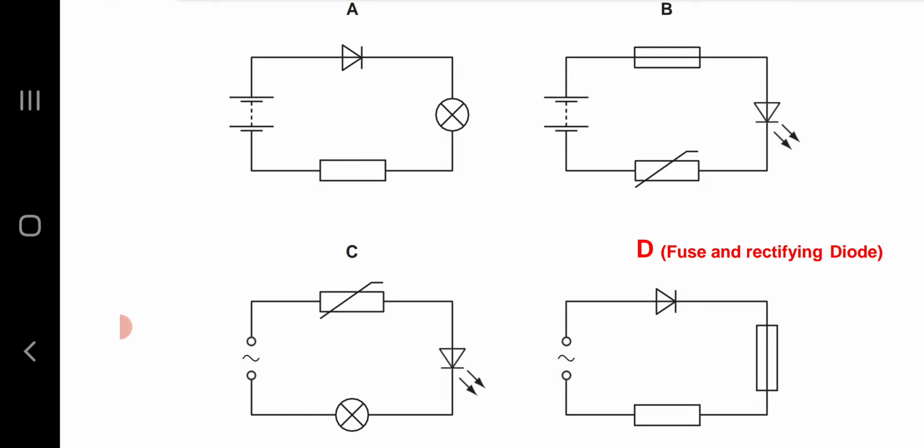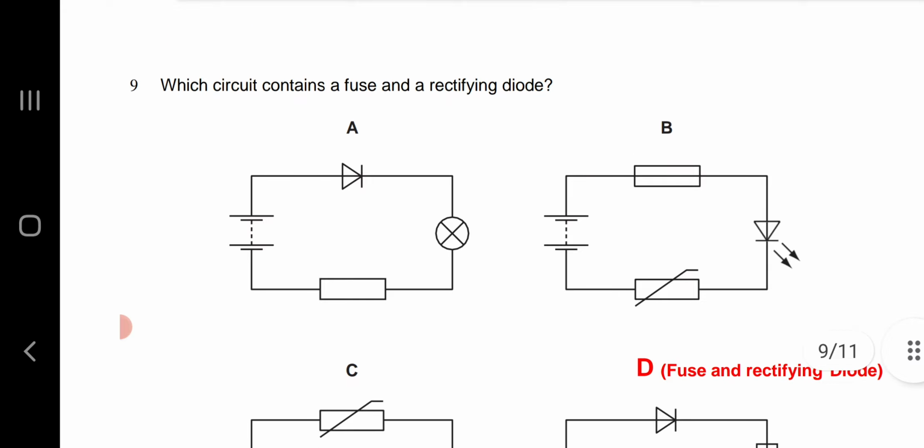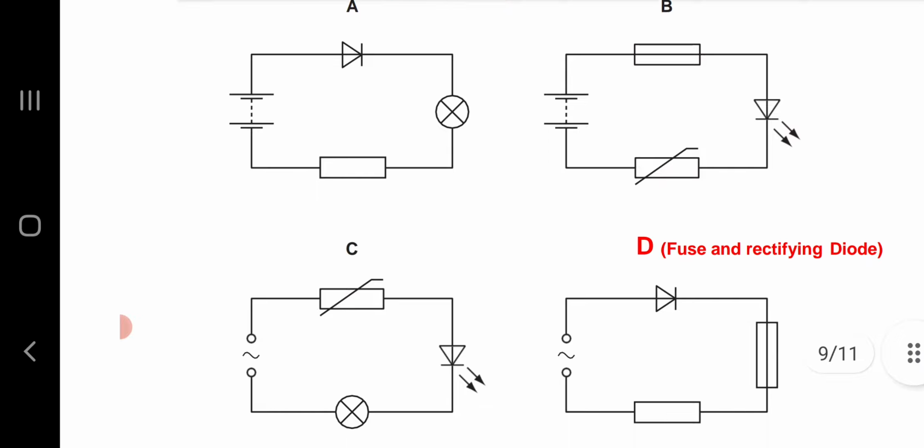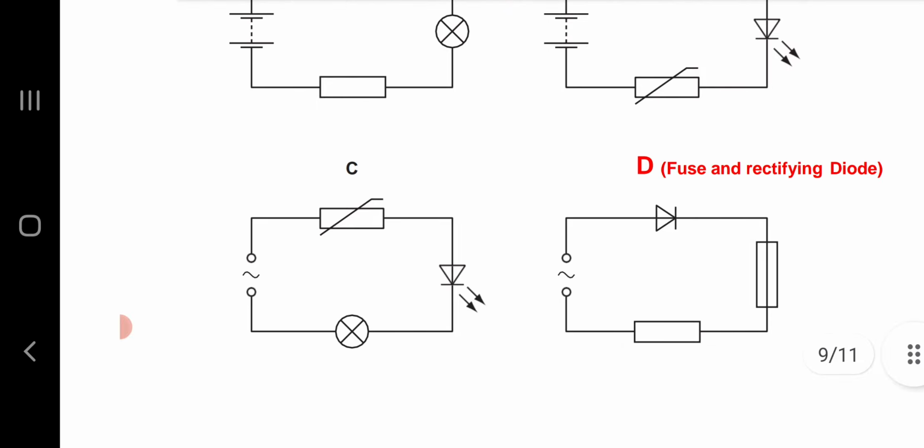So if you move in clockwise direction, then first encounter is rectifying diode, then fuse, then ordinary resistor, and then the AC supply. So option D, rectifying diode and fuse are in diagram D.